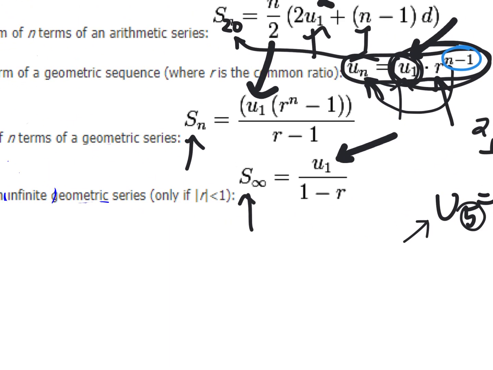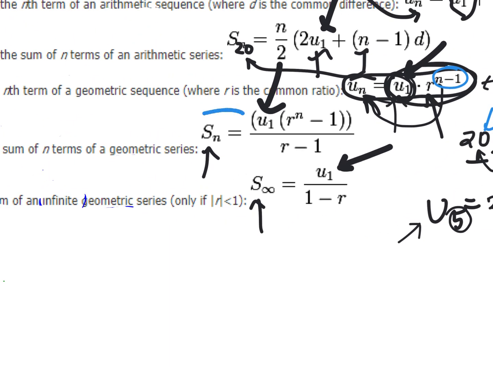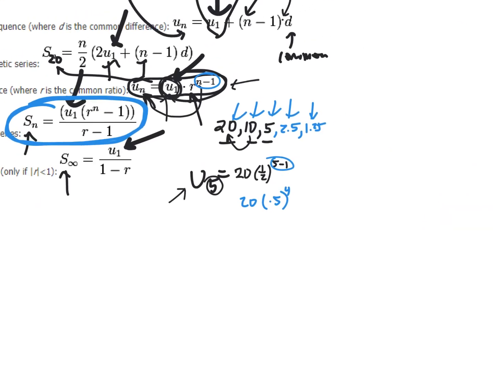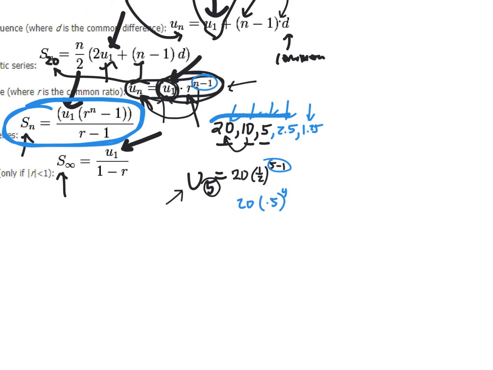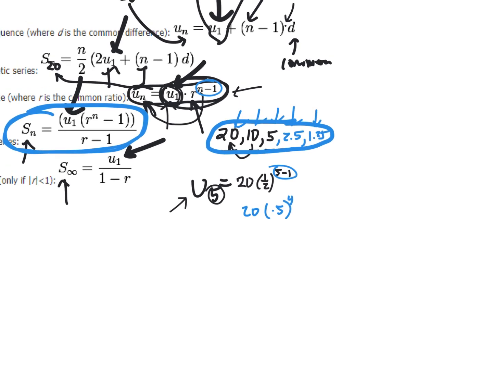This is the kind where you would add up a geometric sequence, probably the most complicated one. So like this one, except you would actually be adding all 5 of those terms. Now that we have them all, it'd be easier to just go 20 plus 10 plus 5 plus 2.5 plus 1.25. But let me just show you how you would have done it.